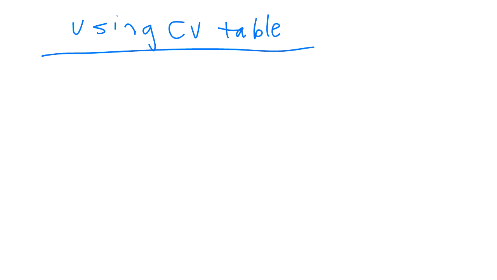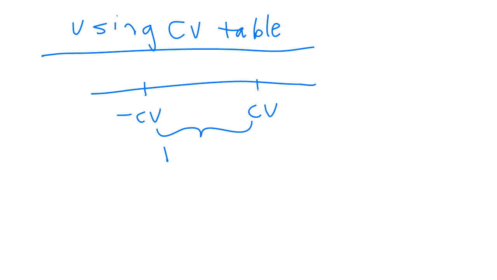Okay, so here's what we want. We have a number line, and we have a negative critical value, and we have a positive critical value, and those come from the table. If R is here, between those two critical values, it's not significant.